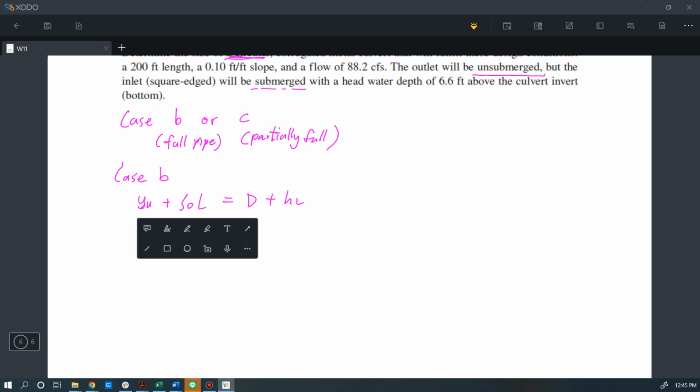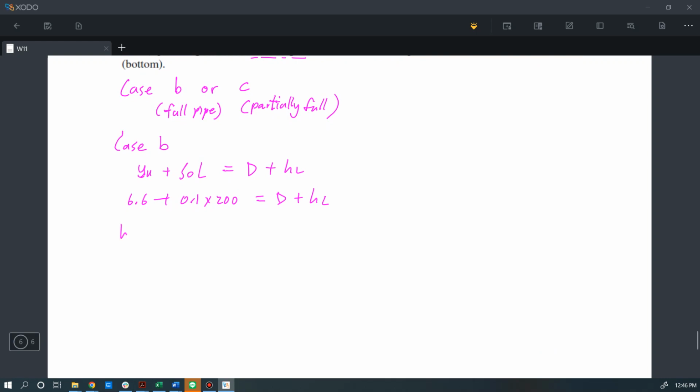And if we plug the numbers in, the Y upstream given by the problem is 6.6 feet, plus 0.1 times 200 equal to D plus HL. And HL will equal 26.6 minus D. If you reorganize this equation, you can get this one.